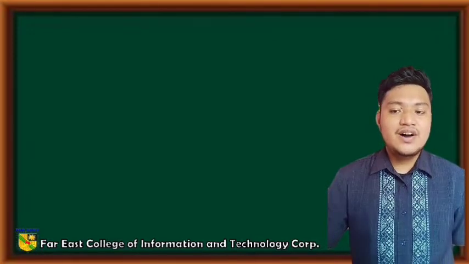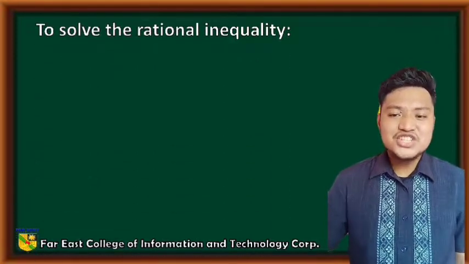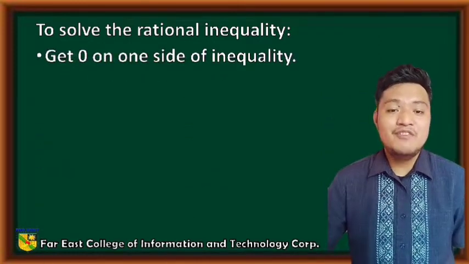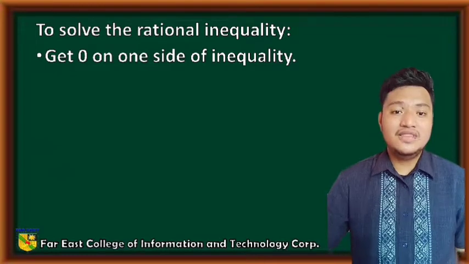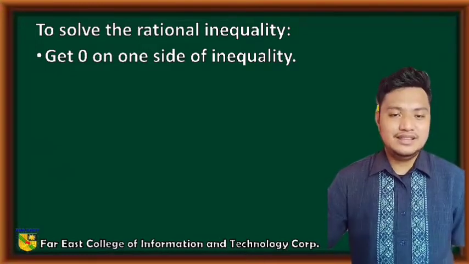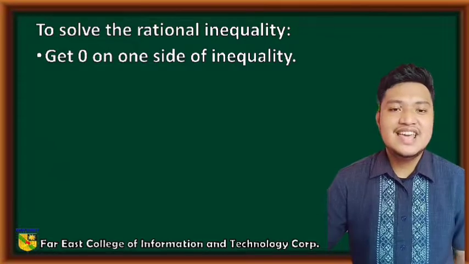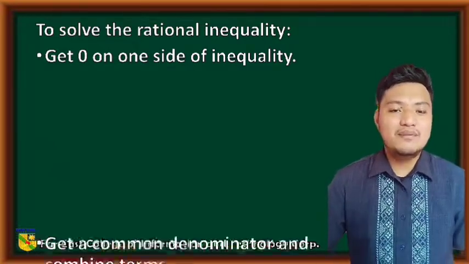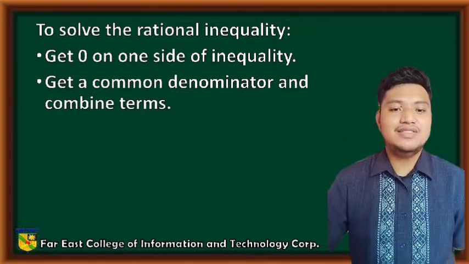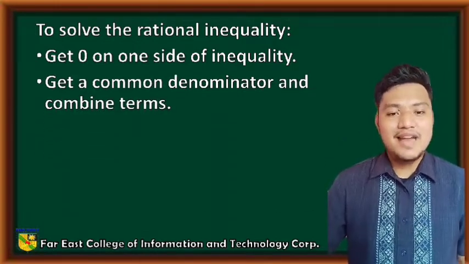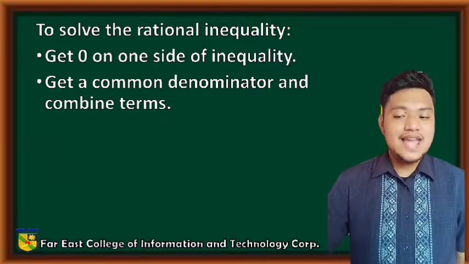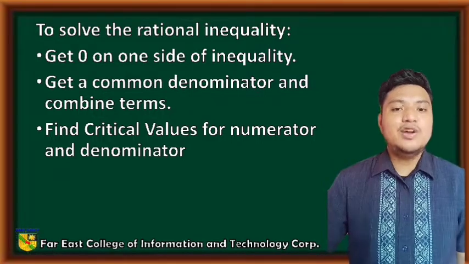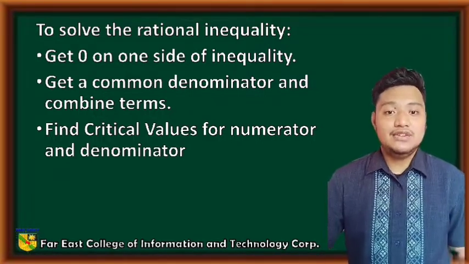Okay? So, how to solve a rational inequality? Here are the step-by-step procedures to solve the rational inequality. The first step is get 0 on one side of the inequality. Number 2 is get a common denominator and combine the like terms. Next is find the critical values of the numerator and denominator.